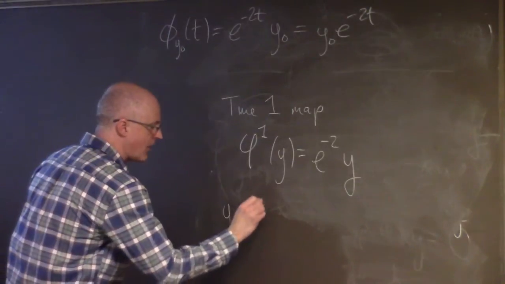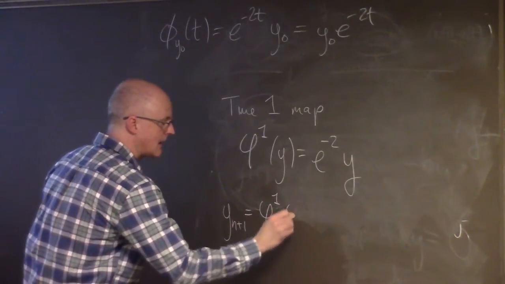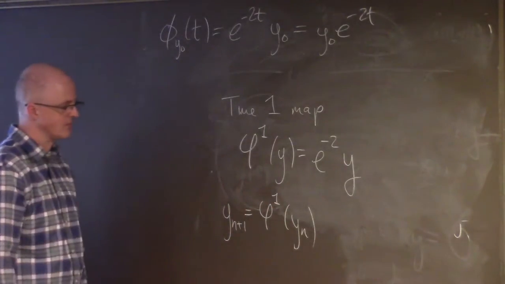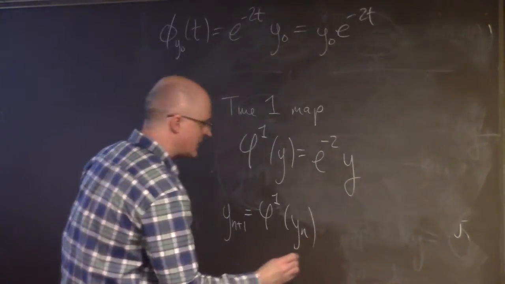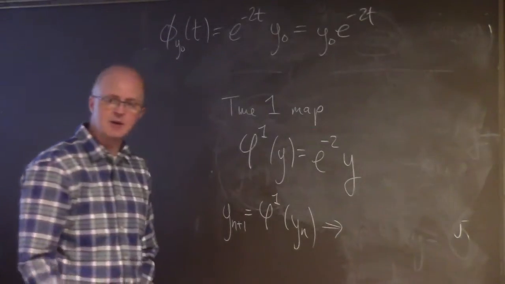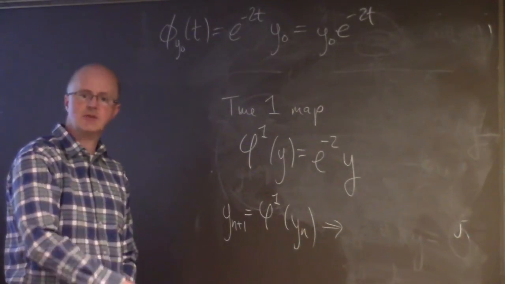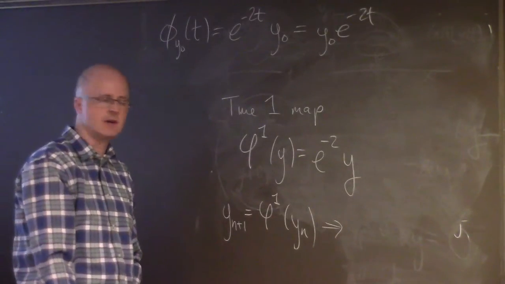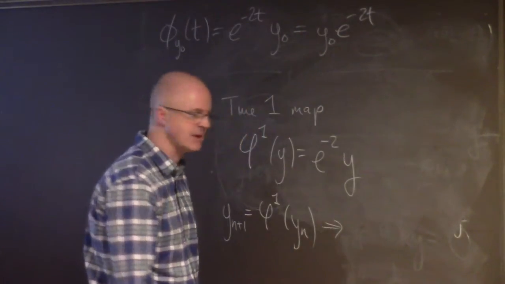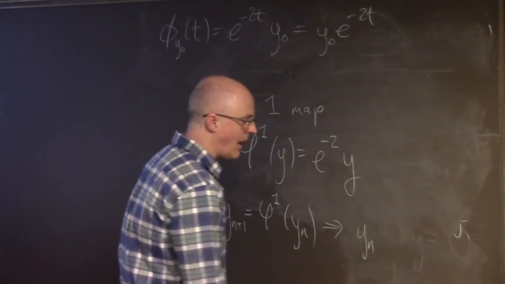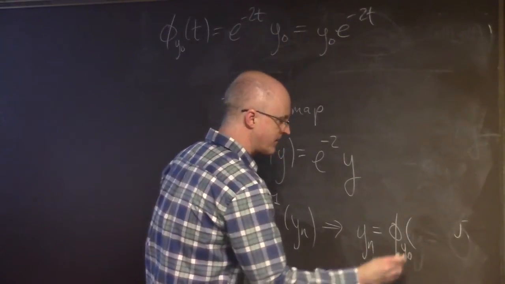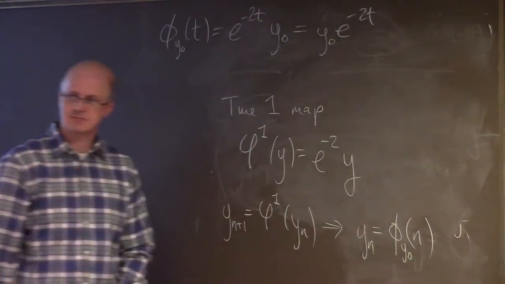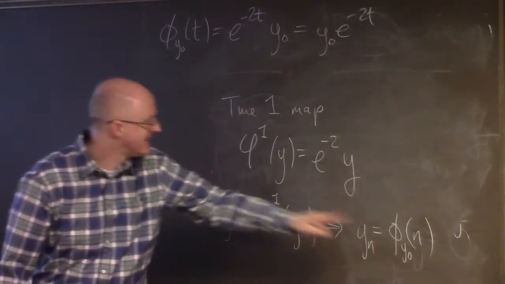This recursive equation here generates a sequence of values y0, y1, y2, y3, y4, etc. in such a way that for autonomous equations, y sub n is phi sub y0 of n. That phi, not that phi.